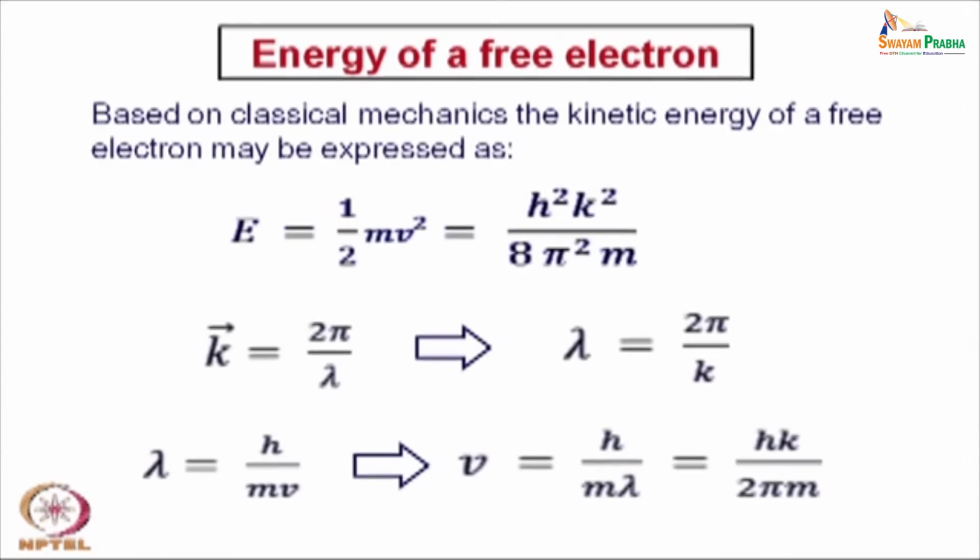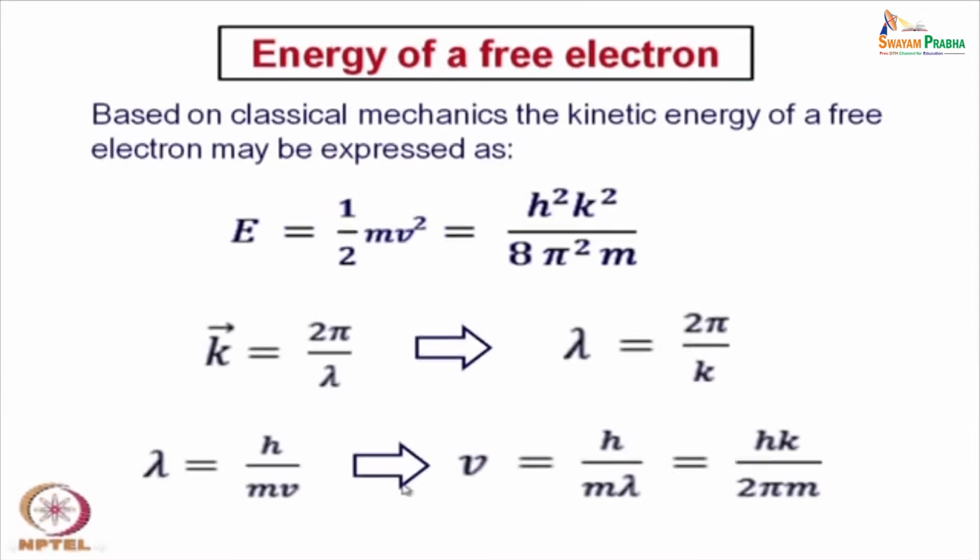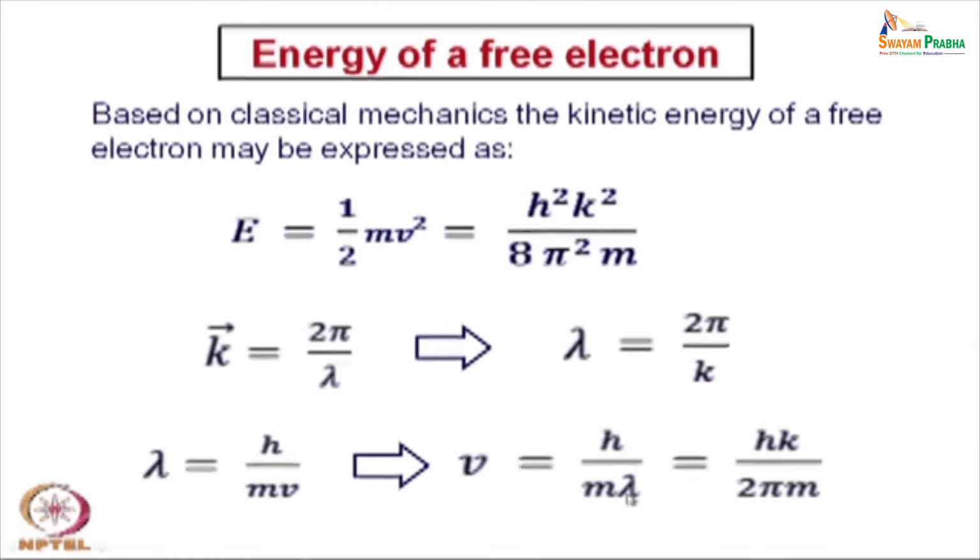So, one can get lambda equal to h by mv, and therefore the velocity with which the electron can move is h by m lambda. Once again, lambda is the wavelength and m is the mass of the electron. So, you have h k by 2 pi m, replacing lambda by this.